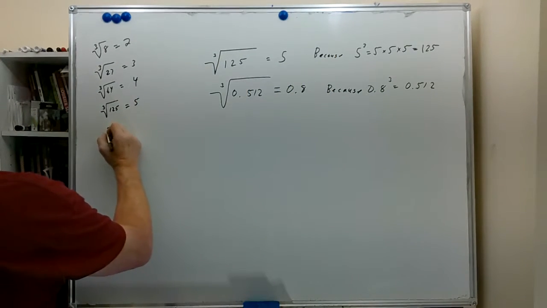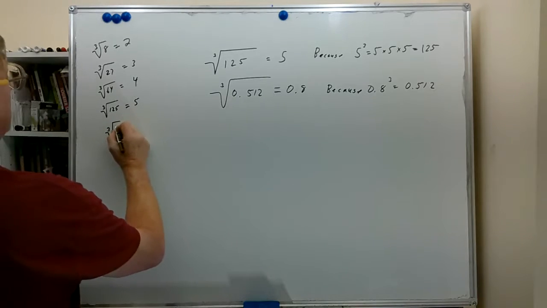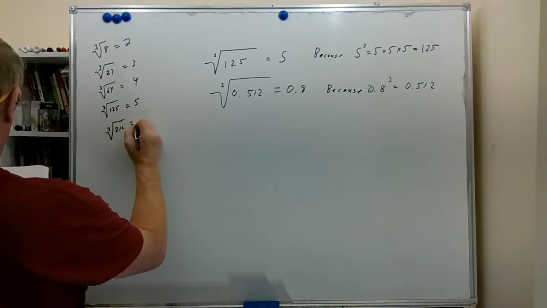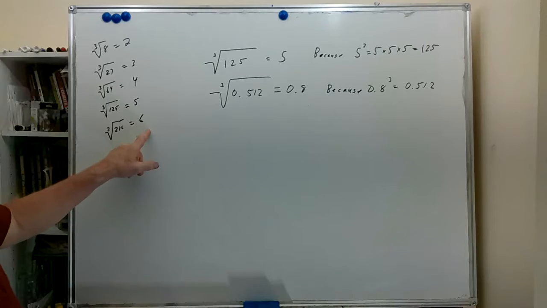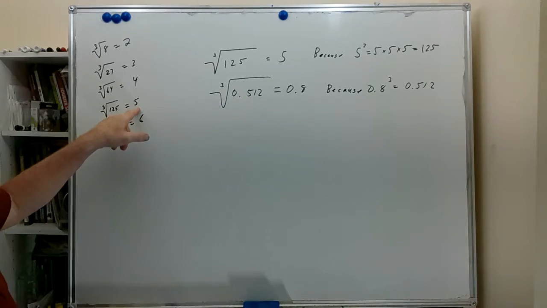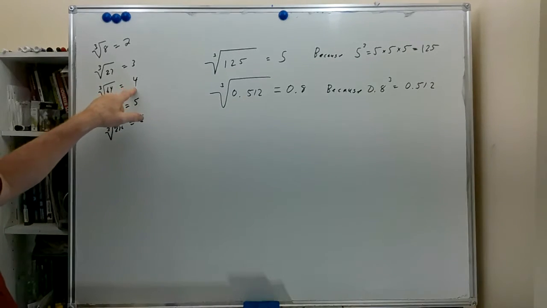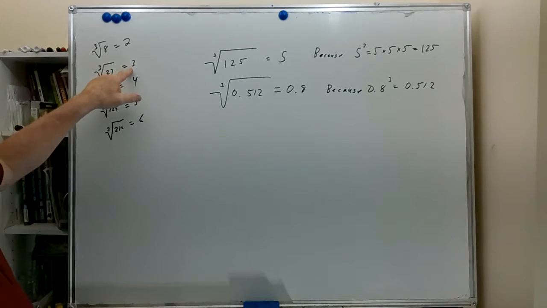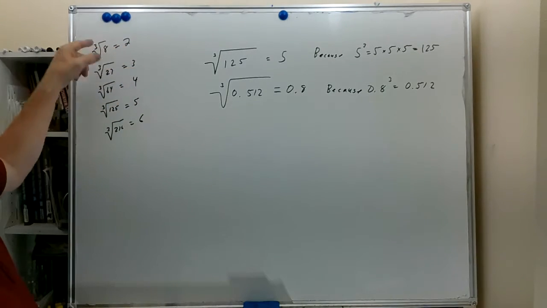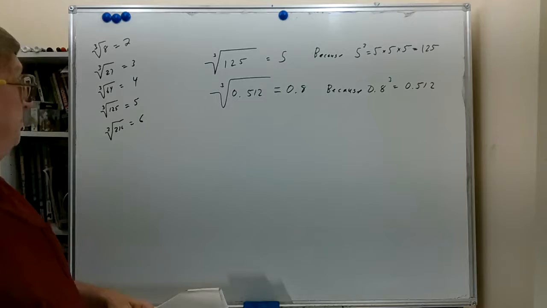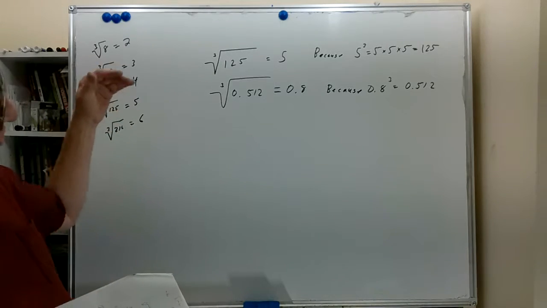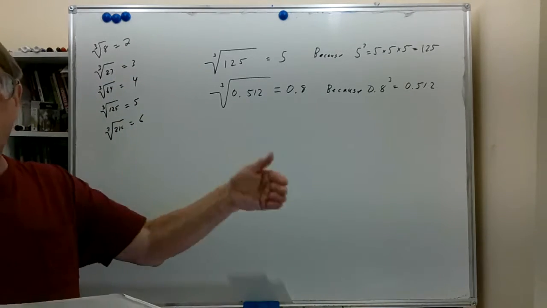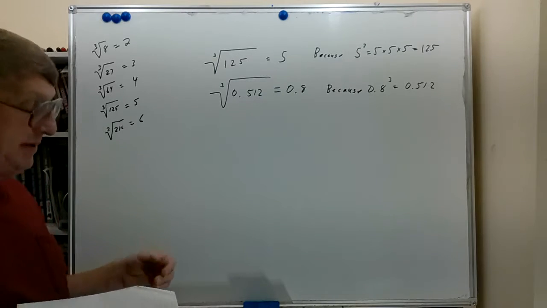And the cube root of 216 equals 6. In each case, 6 cubed equals 216. 5 cubed equals 125. 4 cubed equals 64. 3 cubed equals 27. 2 cubed equals 8. So the cube root is the inverse of the operation of raising to the third power, or cubing.